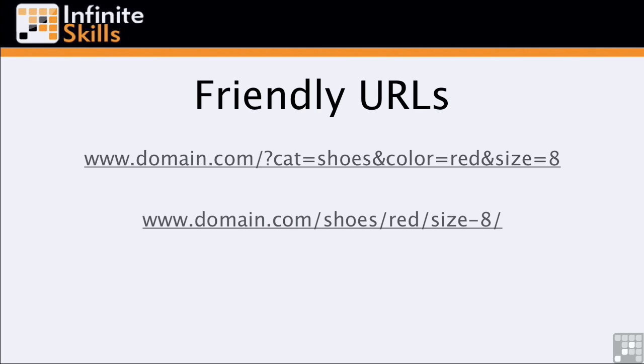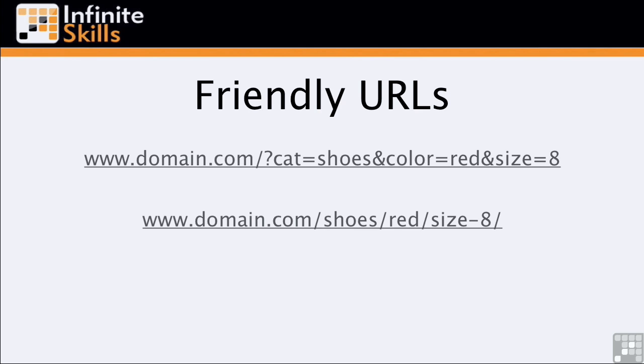One of the first things that you're going to want to do is use URL rewriting to make your URLs more search engine friendly. The example on your screen right now is an e-commerce site that is using URL parameters to display dynamic content, and in this case, we're using shoes as an example.